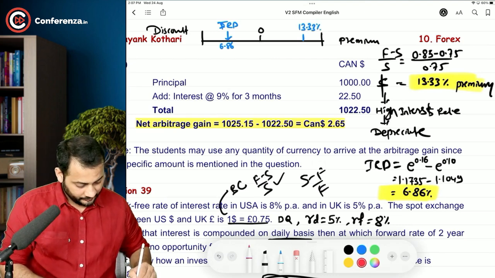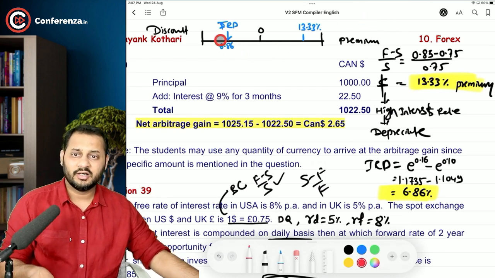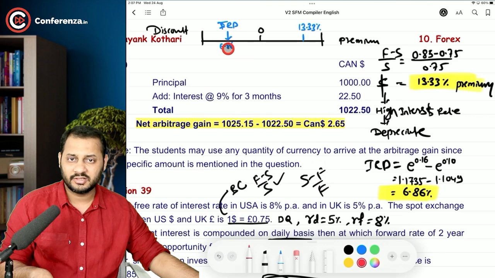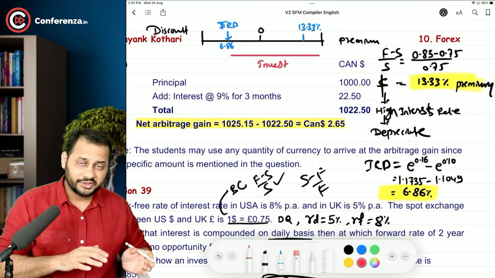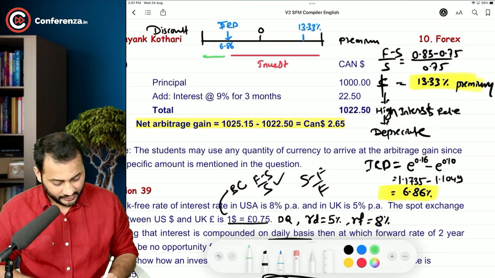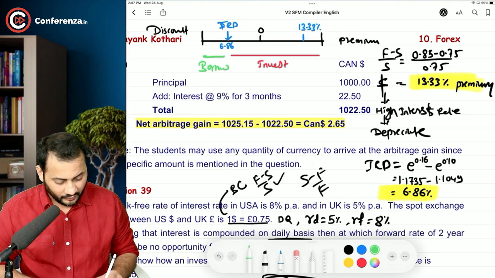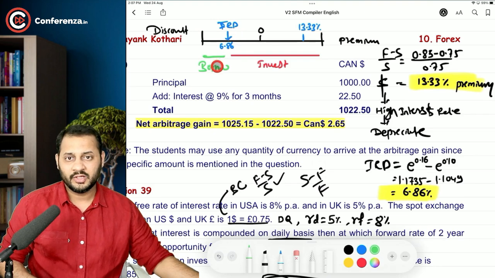Right? Now, what does the interest rate differential say? Until the high interest rate currency is depreciating by 6.86%, we are going to invest in that. And if it depreciates by more than 6.86%, we are going to borrow in that. Now, a lot of students going with the same logic will decide to borrow, because they will just compare that 13.33 is higher than 6.86%.